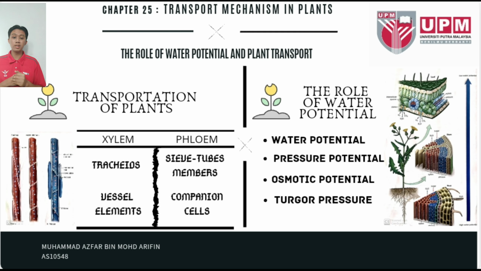Firstly, tracheids. Tracheids are tapered at both ends, and the ends overlap with adjacent tracheids, and pits allow water to pass from one tracheid to the next. The vessel element is a long and tubular tissue with perforation plates at each end, and it is placed end to end to form a completely hollow pipeline from the roots to the leaves.